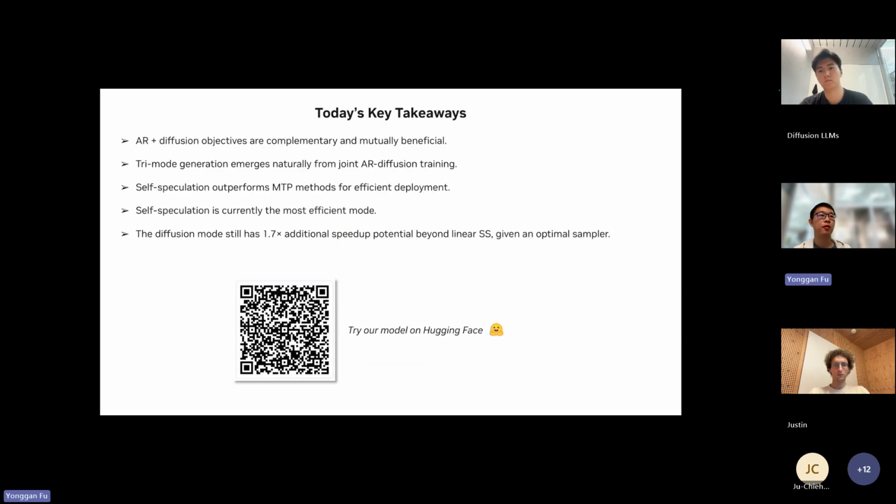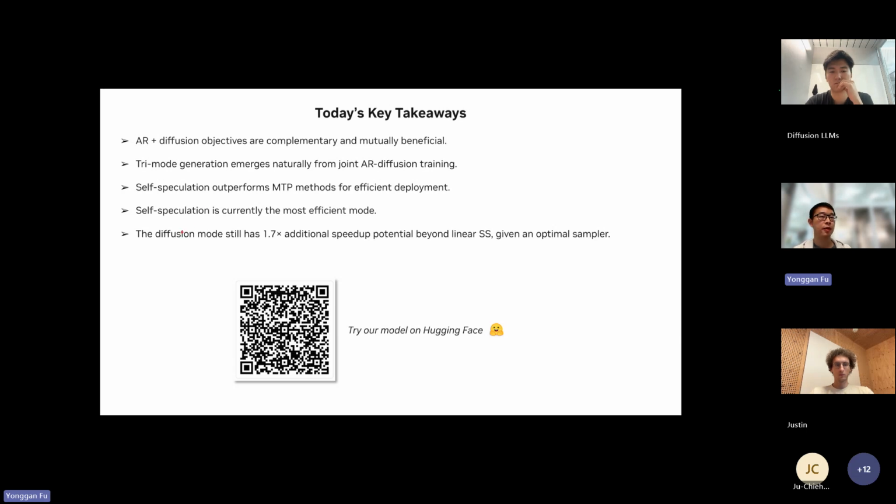Yeah, this is all about our model family, and here are some key takeaways of our Nemotron-Labs-Diffusion. First, AR and diffusion objectives are complementary and mutually beneficial if we adopt the correct training mechanism. Second, tree-style generation naturally emerges after the joint AR and diffusion training, which comes for free and can outperform existing MTP methods for efficient deployment, especially for personal agents with low concurrency.